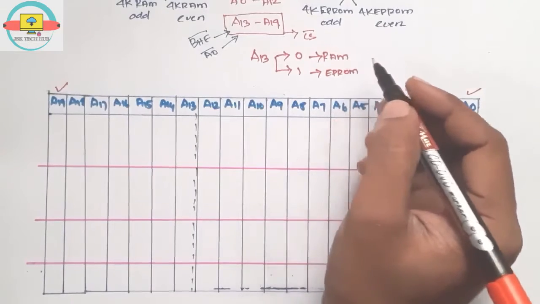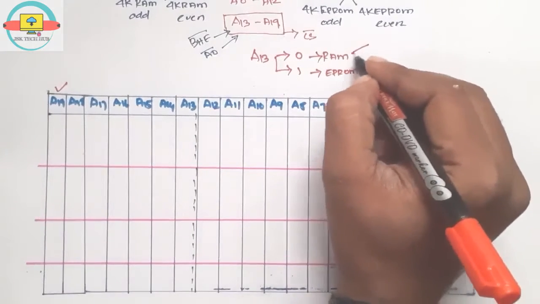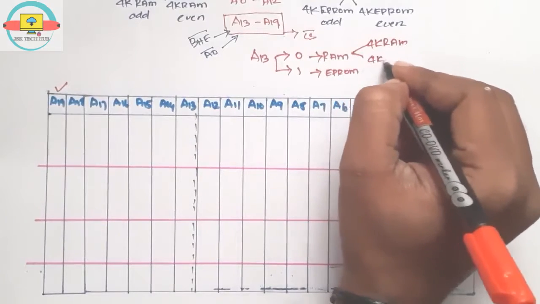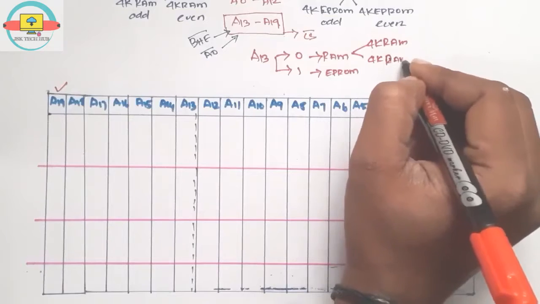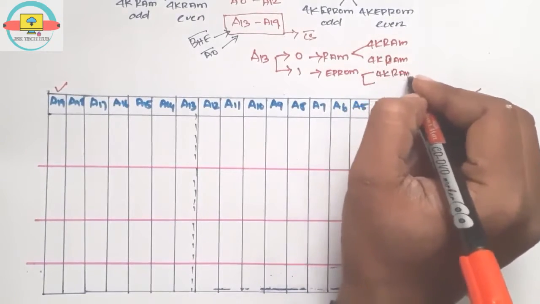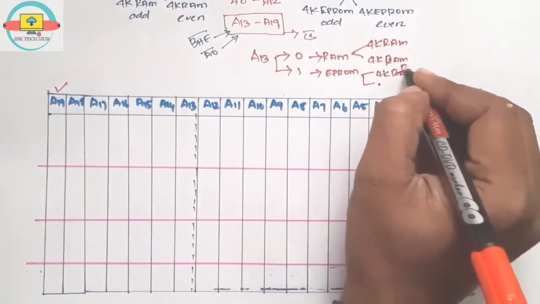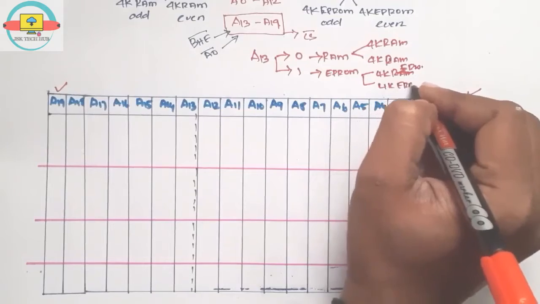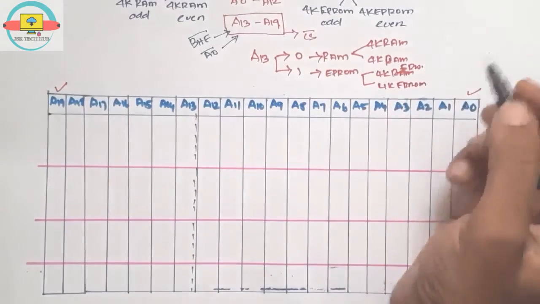This RAM type memory is further divided into 4K RAM for the odd bank and 4K RAM for the even bank. Similarly, for EEPROM, a 4K EEPROM for the odd bank and a 4K EEPROM for the even bank are available.